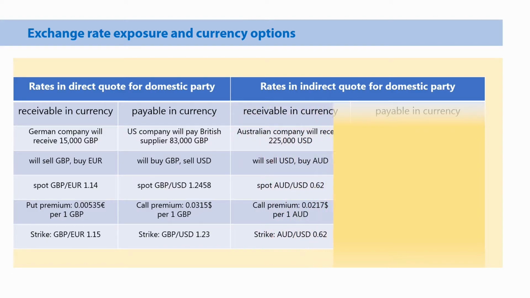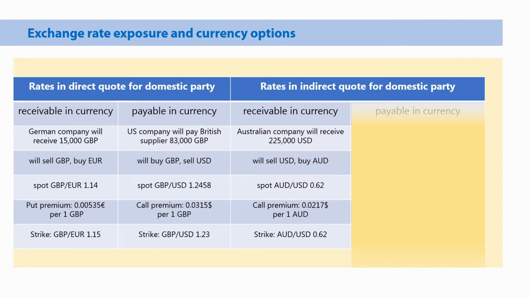Case 3 is now indirect quotes for the domestic party. So the domestic party may have a receivable. For example, an Australian company will receive 225,000 US dollars, which means they will sell US dollars and they will buy Australian dollars. The typical exchange rate quotation would be Aussies against the dollar, and the spot rate is around 0.62.